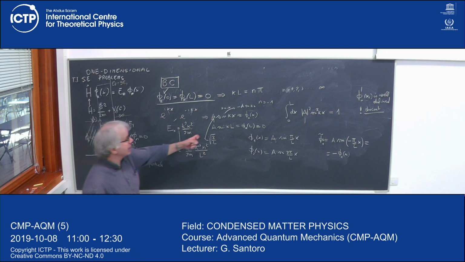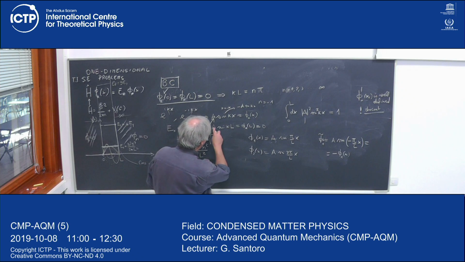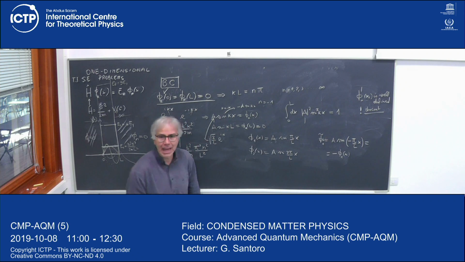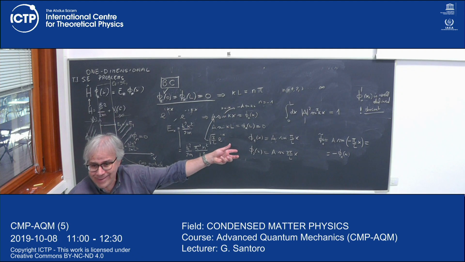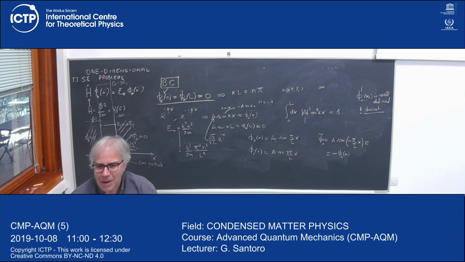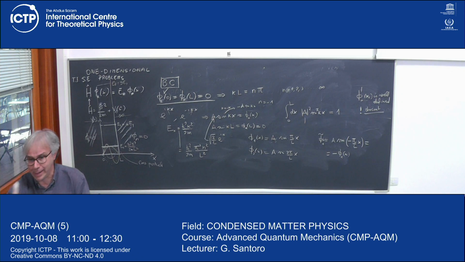Because I can always, when I write a equal to this, tell you a equal to this times e to the i alpha. Any phase is okay. So the minus is as well. So it's not that I want to get rid of this annoying thing. It is only one state, okay? This is important.